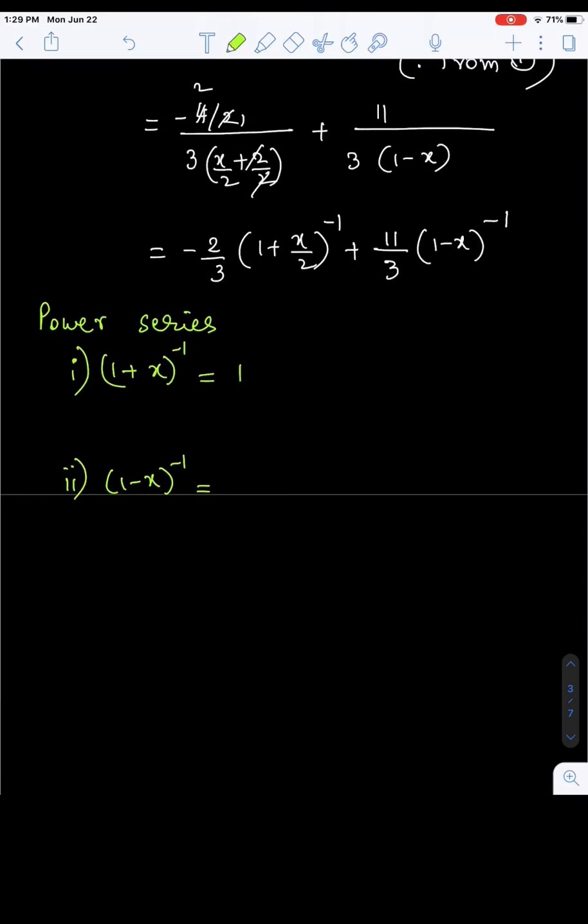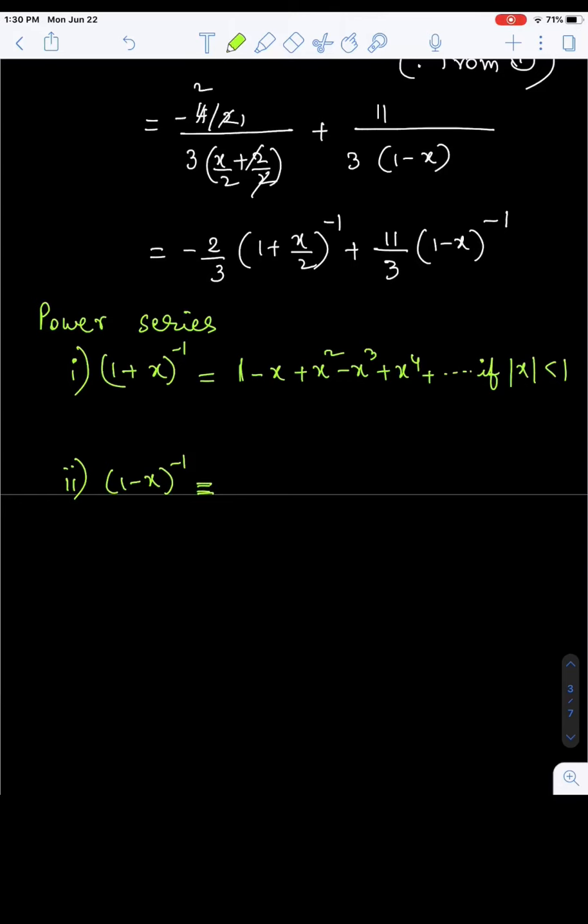Alternate terms have the same symbol, plus minus like that. So here minus x, here plus x square, minus x cube, plus x power 4. Like that, it is an infinite series. It goes on. Infinite terms will come. And there is a condition, mod x is less than 1. This is a condition.